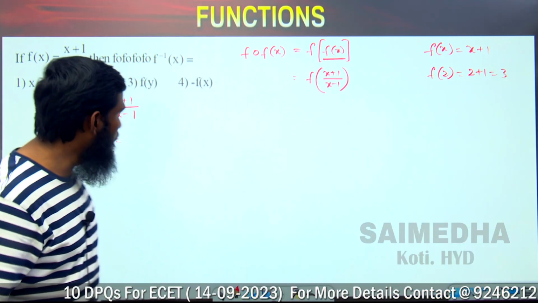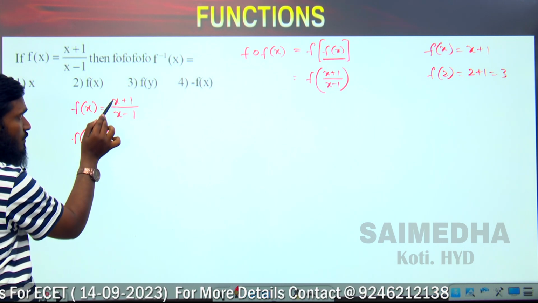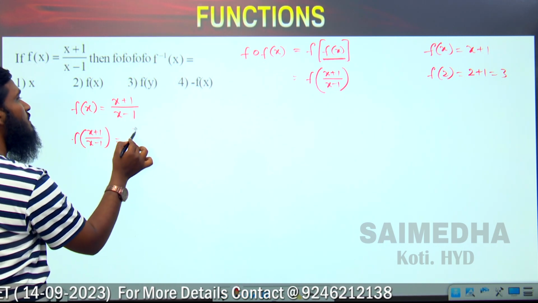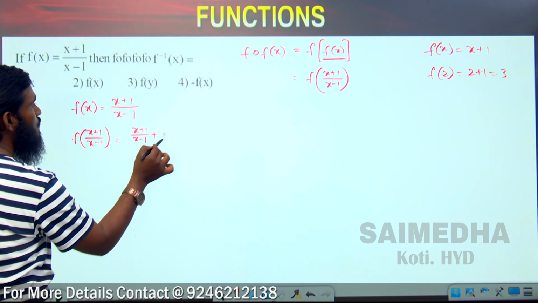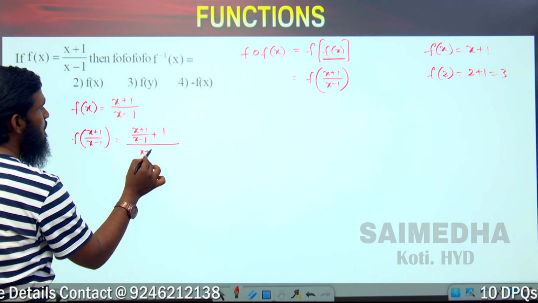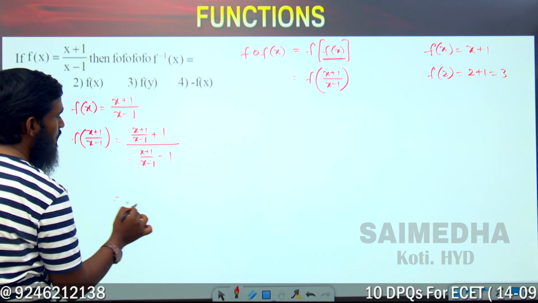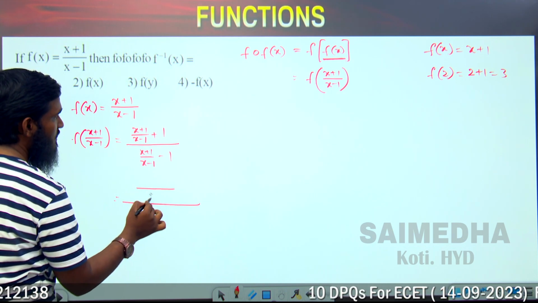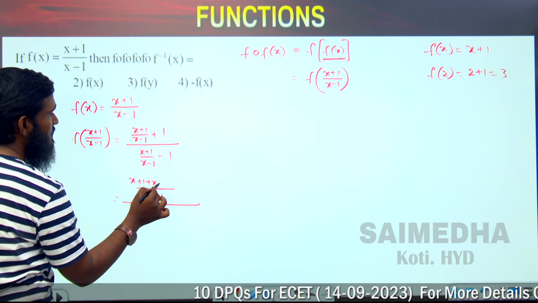Simple concept. Here also we have f of x, and we want this value, so in the place of x we write this complete part: (x plus 1 by x minus 1) plus 1, divided by (x plus 1 by x minus 1) minus 1. Now let us take the LCM. The denominator will be x minus 1 and the numerator will be x plus 1 plus x minus 1.